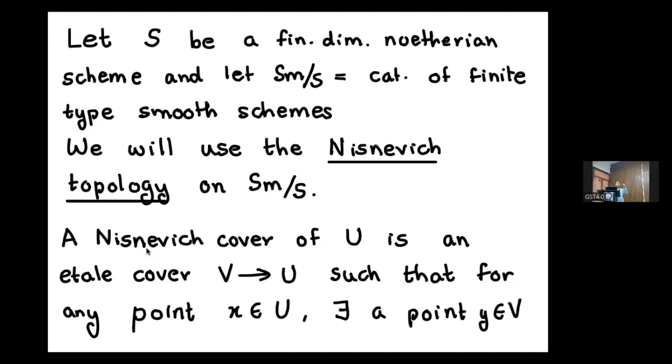If we say that I actually want that point upstairs to be defined over the same field, meaning, in more rigorous language, that the residue field at both these points should be the same, then we say that this is a Nisnevich cover. I'm just defining something right now. Next time I will talk more about why the Nisnevich topology matters and what it really means.